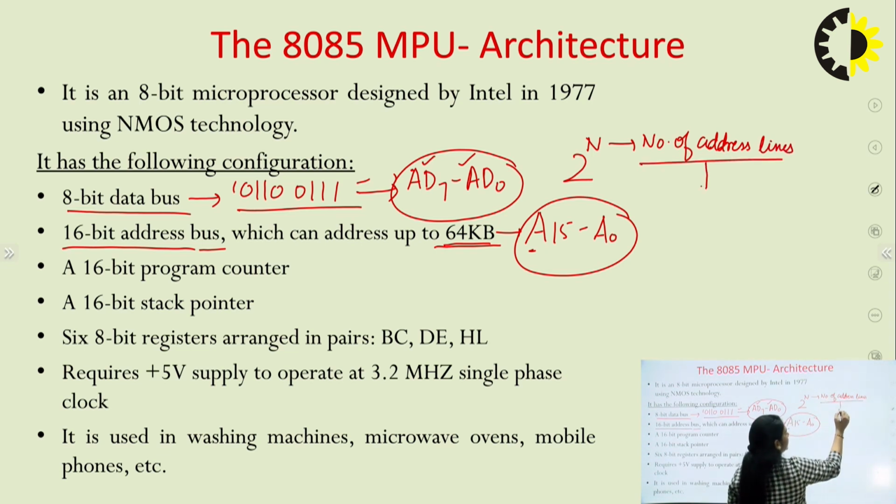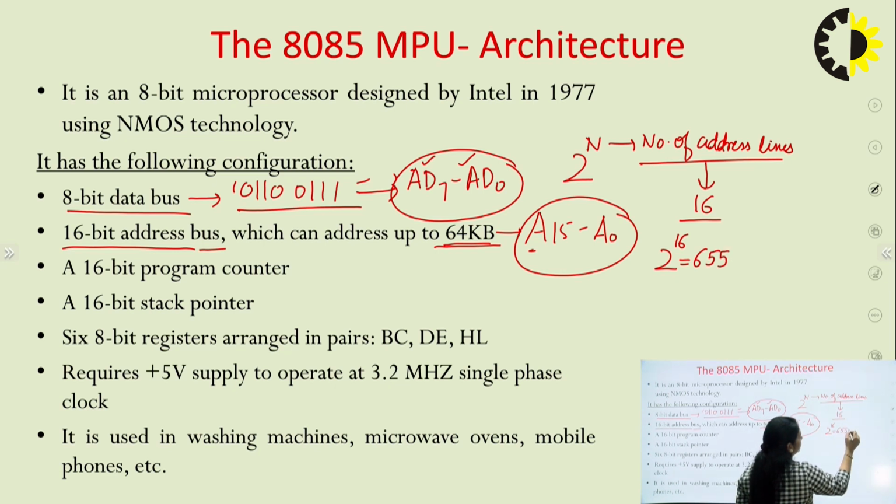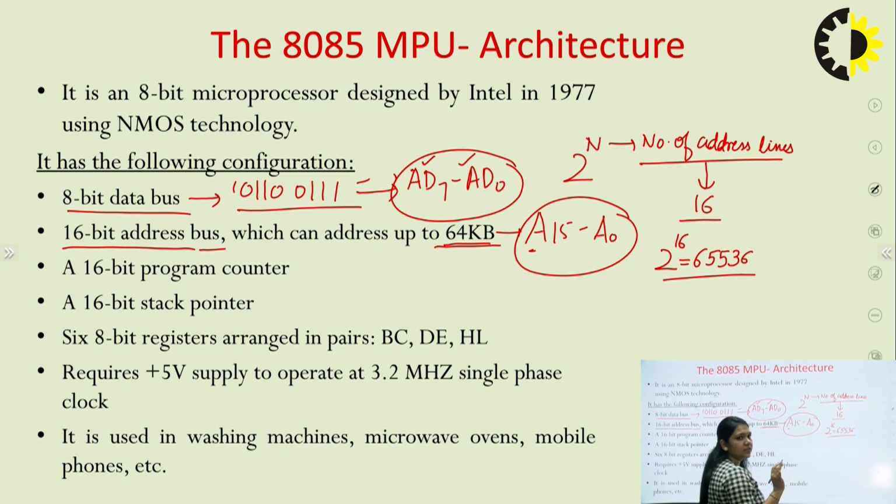In the 8085 microprocessor, we have 16 address lines. So it will be 2 raised to power 16. The exact number will be 65536. These memory locations are there in the 8085 microprocessor.